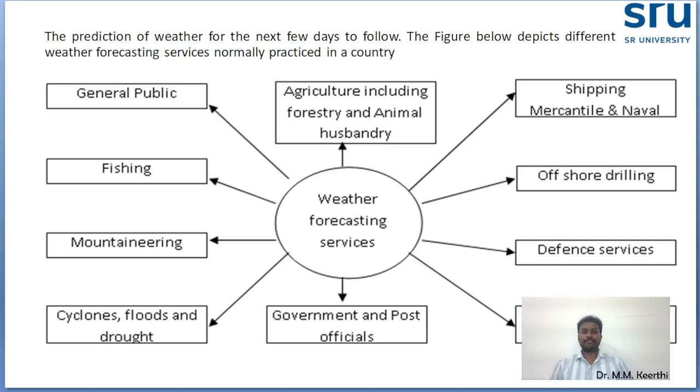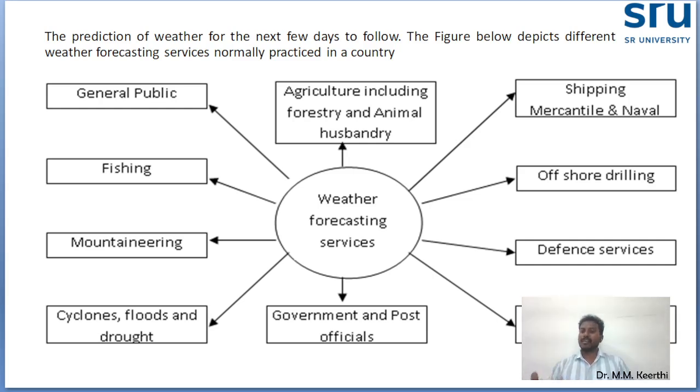Okay, next, if a weather forecasting service is there, who will get the benefit? I already told you it is not only for the agriculture sector, not only for forestry, not only for animal husbandry, not only for navy people. So who are all the people who will get the benefit?